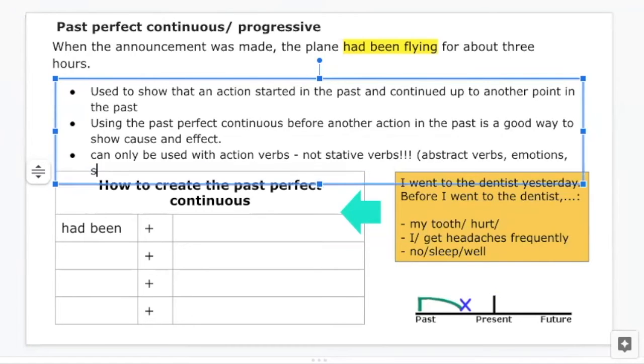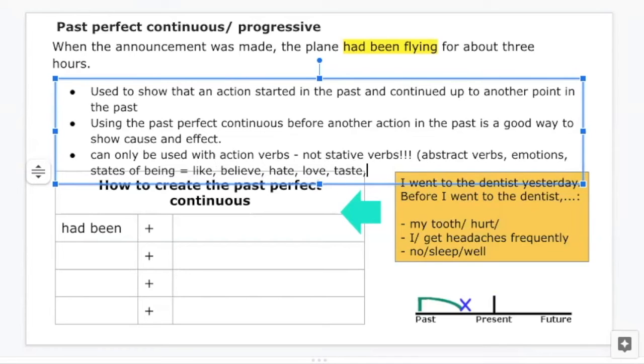Yeah, emotions, feelings, right. So for example, you wouldn't really say liking. You don't really say I am liking this, you would say I like this. We don't usually use these types of verbs in continuous tenses. So like, believe, love. Taste as well, smell.